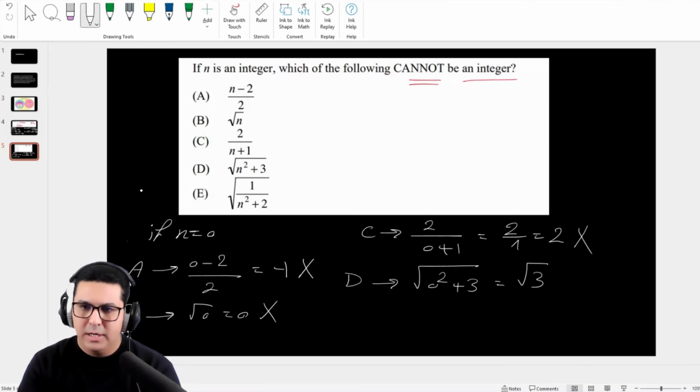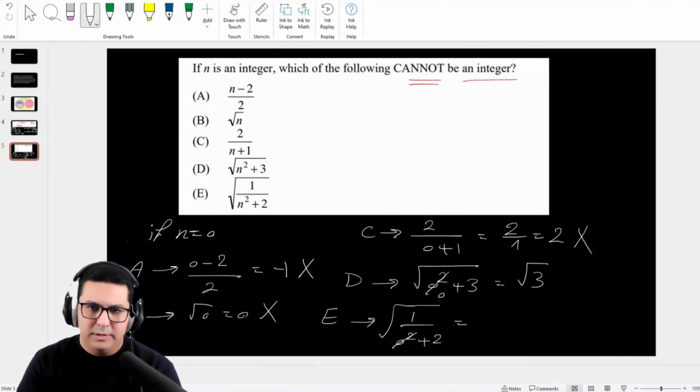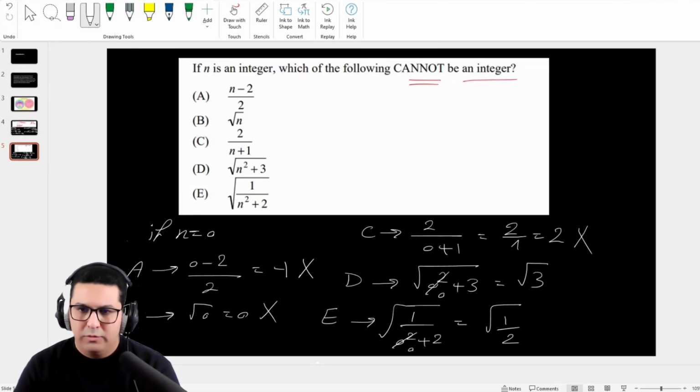Okay, yes, it can be the answer. And E, as you see here, it is the root of 0 times 2 plus 2, it is 0 again, nothing. So right now we have two answers. It can be D or E.